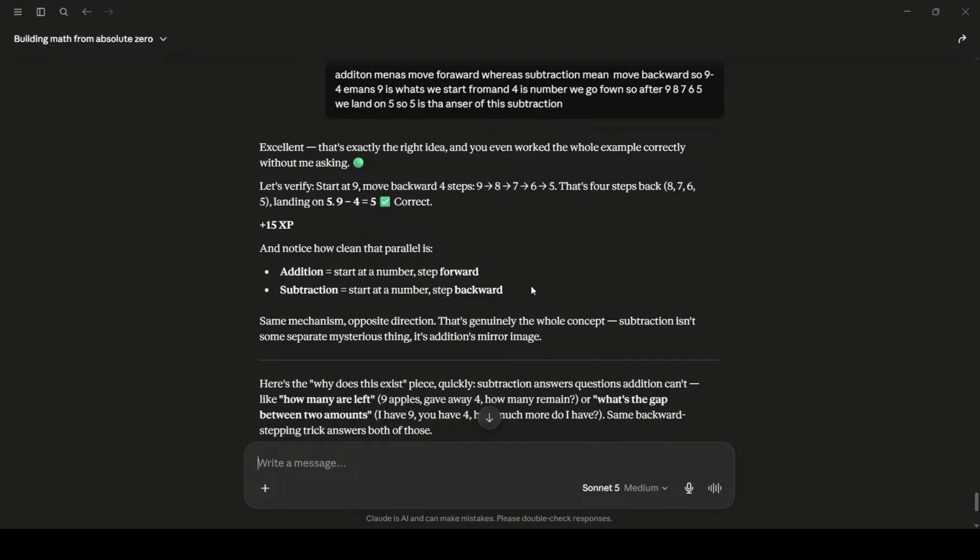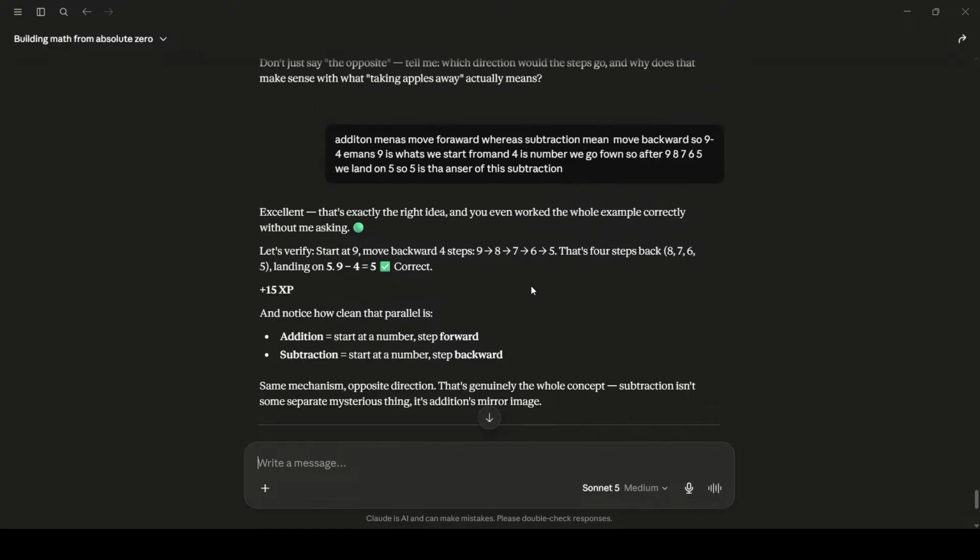The minus sign tells us just the opposite of addition. It tells us to move backward. So when you are at position 9, it tells us to move 4 steps backward: 8, 7, 6, and 5. We land on 5, and 5 is the answer.